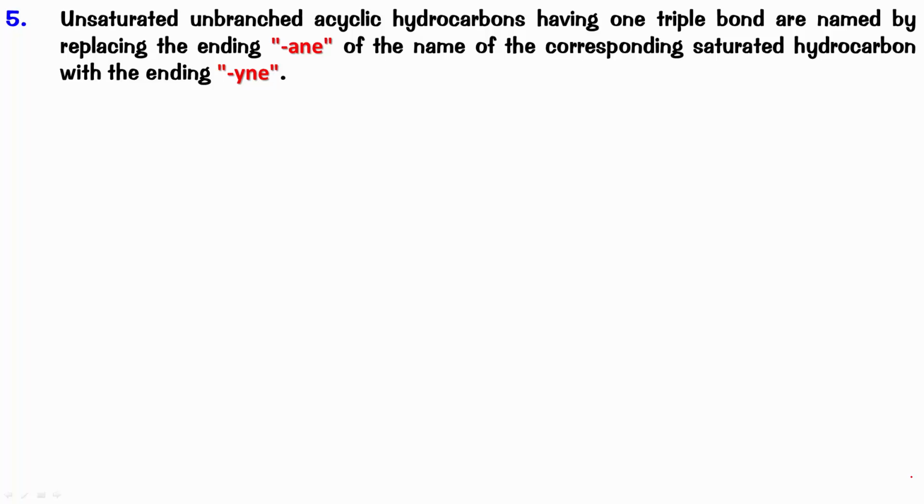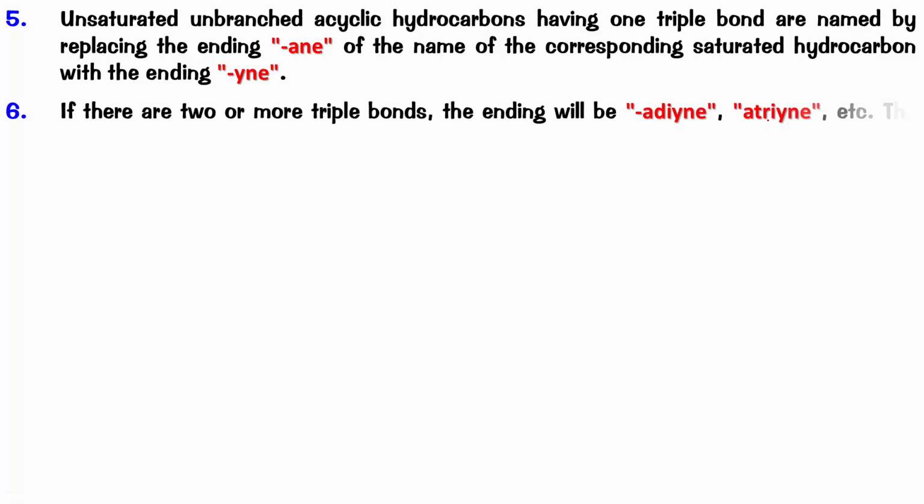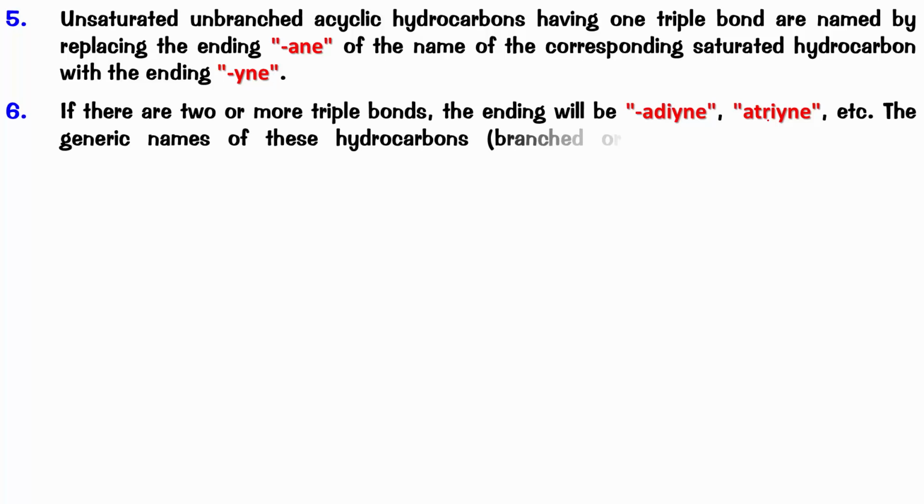So ane is replaced by yne. And again, if there are more than one triple bonds, we use the terms diyne, triyne, etc.